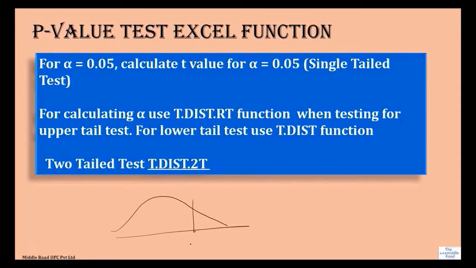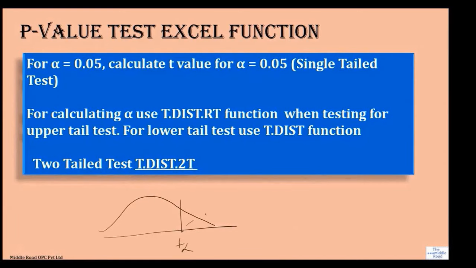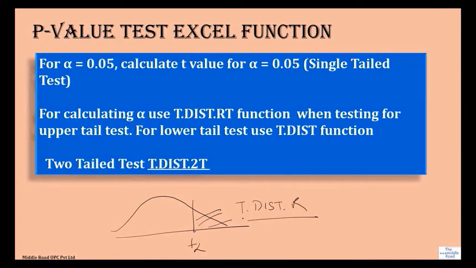You're taking T as alpha, and you want to take the probability on the right. You have a function here, T.DIST.RT, which gives you the probability on the right. This is for a single-tail test, when you want to find the probability on the upper tail. If you want to find the probability on the lower tail, you don't use this function.